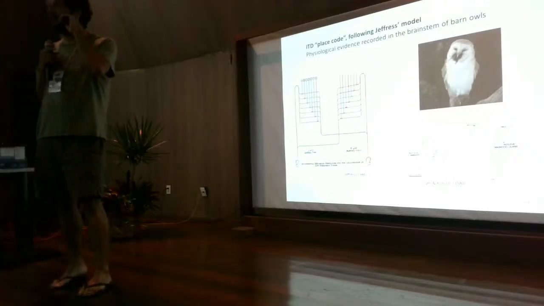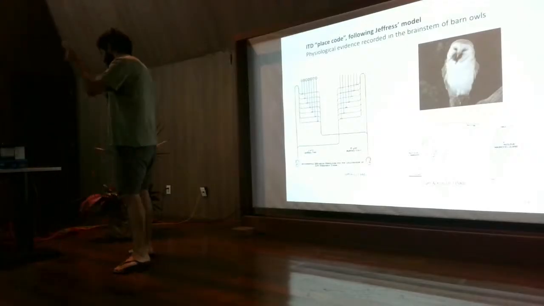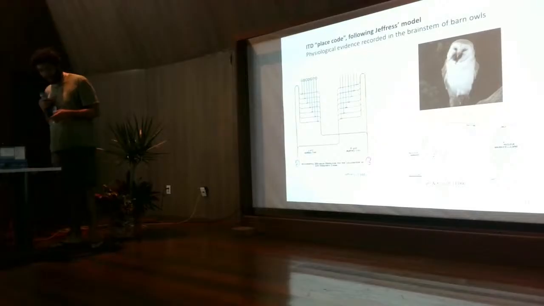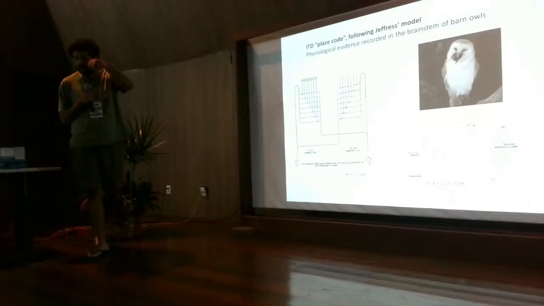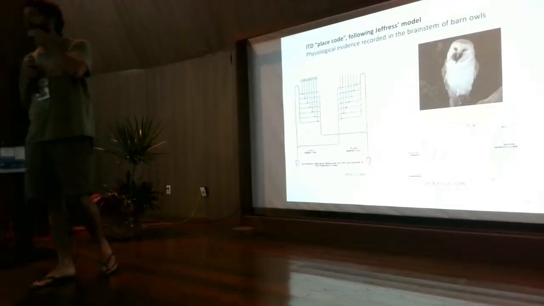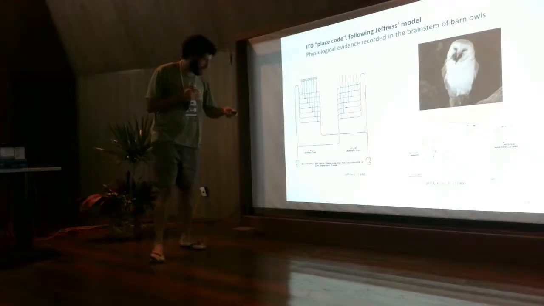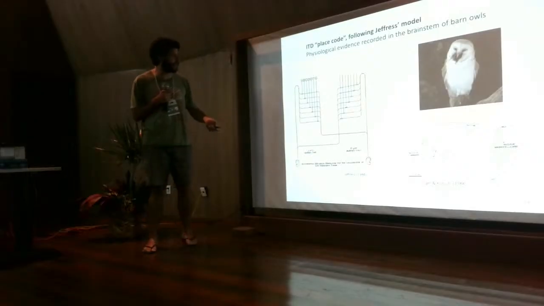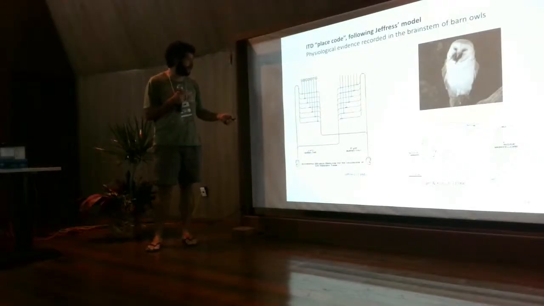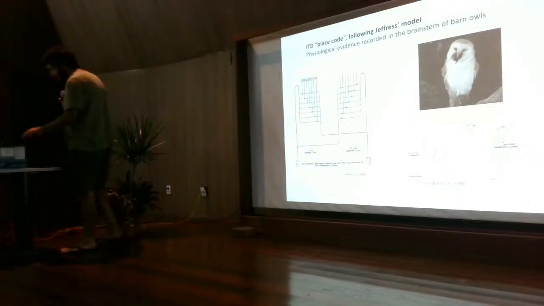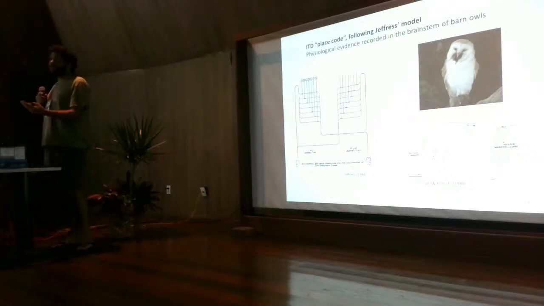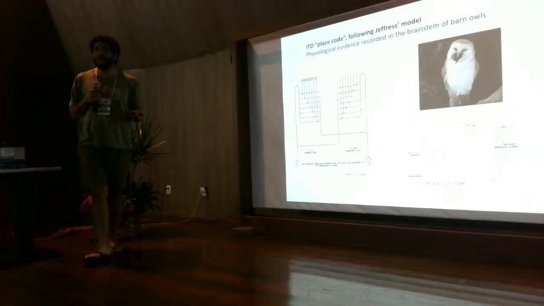So we have a proposal from theoretical neuroscience that matches exactly the electrophysiology results from the brainstem of the owl, right? Here the nucleus laminaris is this sequence of neurons, and this was also adapted for humans, right?